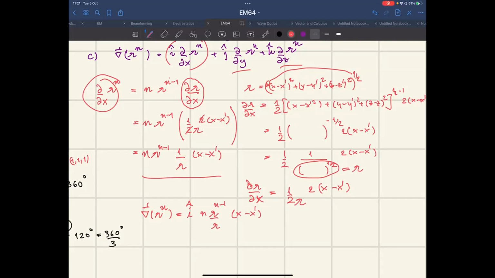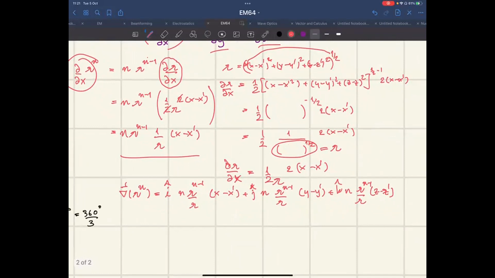And the other thing is that j is the same thing, n to the n minus 1 divided by r, and y minus y prime here, plus k n to the n minus 1 divided by r, and z minus z prime. Any question? Do you agree with me here? Wapa, do you agree? Yes, teacher. Okay.